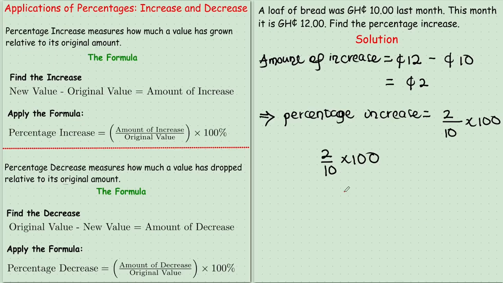So to simplify, we know 10 divides itself once, and then it divides 100 10 times. Hence, we have a 2 times 10, which gives us what? 20%. See? So it simply means there has been a 20% increase. There has been a what? 20% increase.